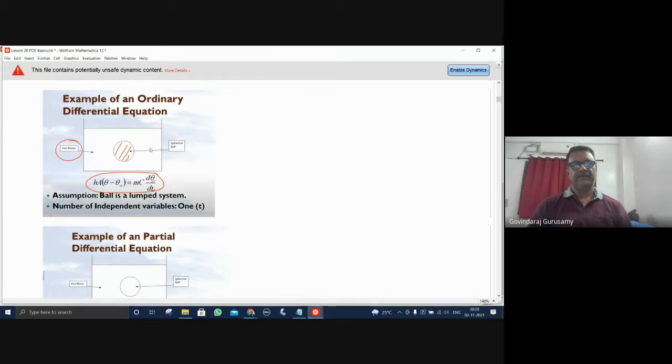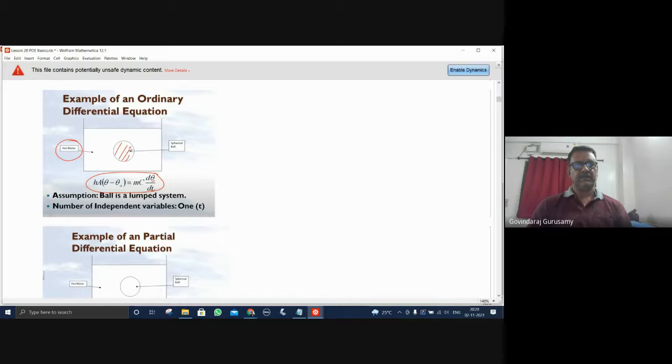It's a spherical ball, right? And this is the equation for the heat. You can see this rate of cooling, this is the time dependence of theta, the temperature, which is varying like this. This is the typical ordinary differential equation, a first order differential equation.